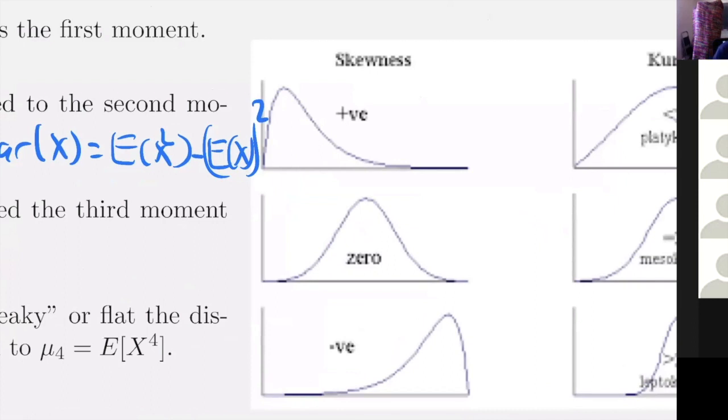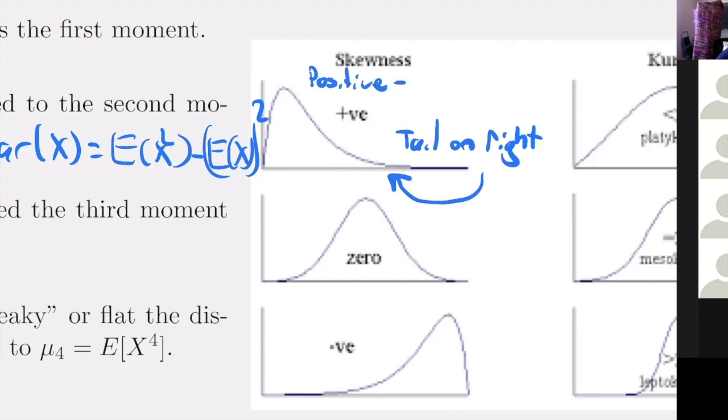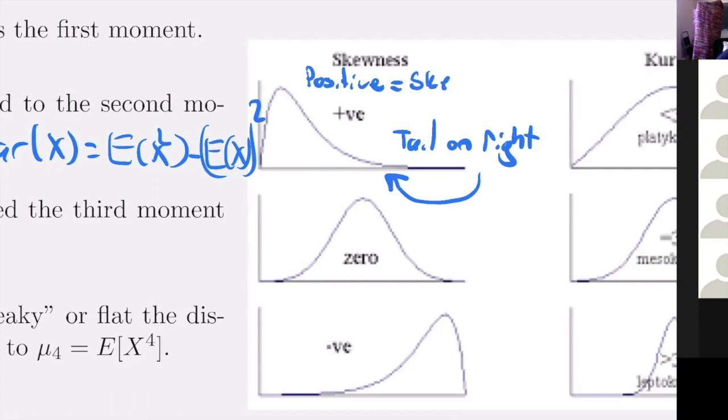When we have a distribution that looks like this, we have a tail over here and most of the values are on the left. We describe this skewness in the direction of the tail. So we would say that this distribution has positive skewness, or we would say that it's skewed to the right.